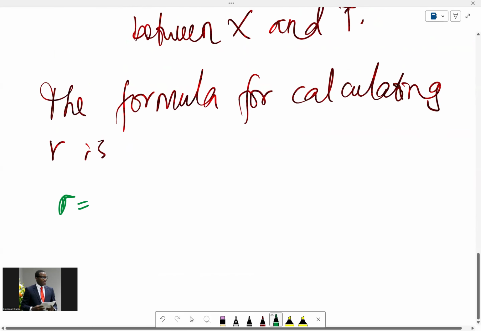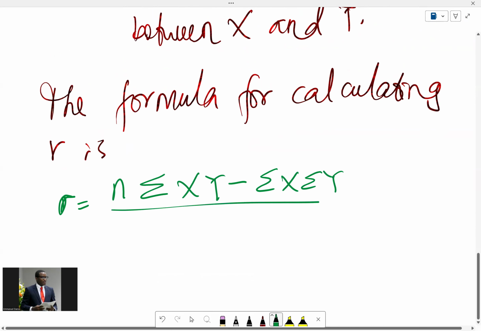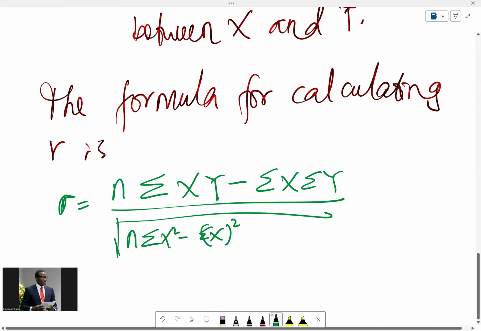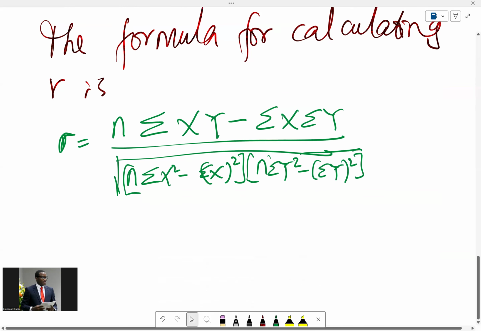The Pearson correlation coefficient is N summation XY minus summation X summation Y, divided by the square root of N summation X squared minus summation X all squared, in a bracket, multiplied by N summation Y squared minus summation Y all squared. Everything is under the square root.